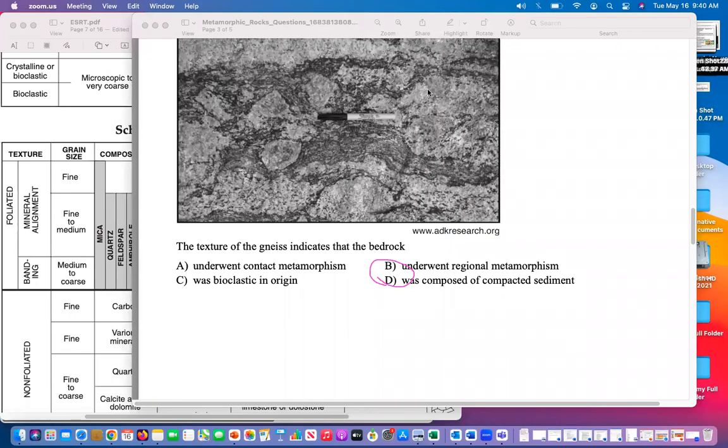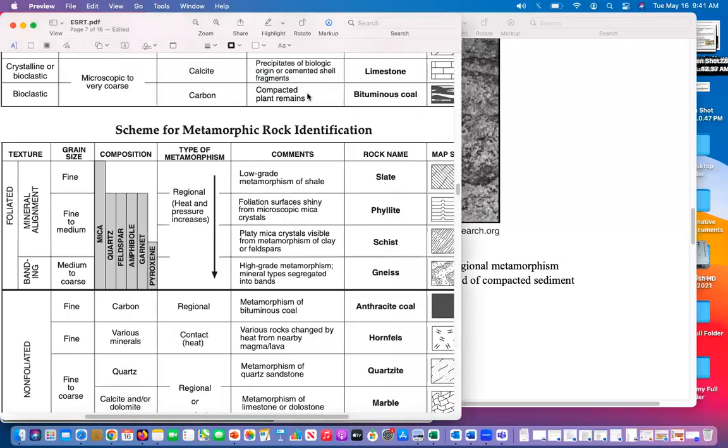First of all, the fact that I see that this is a metamorphic rock, I already know, before we even get to bioclastic origin, before we get to any of that stuff, I'm going to look at page 7 and see how exactly gneiss was formed. When I take a look at how it was formed, what type of metamorphism, look right here. Look what it says. All of these rocks went through regional metamorphism.